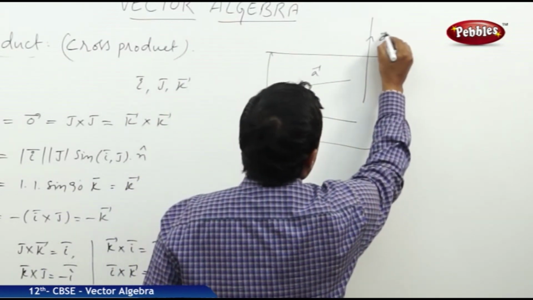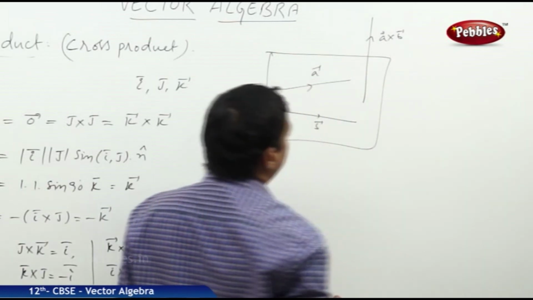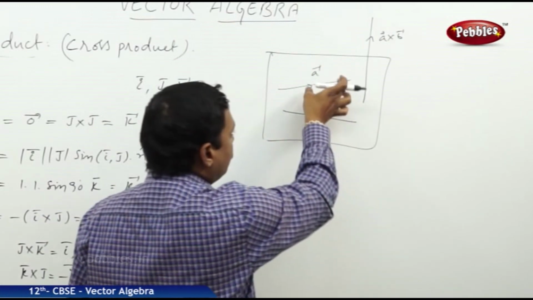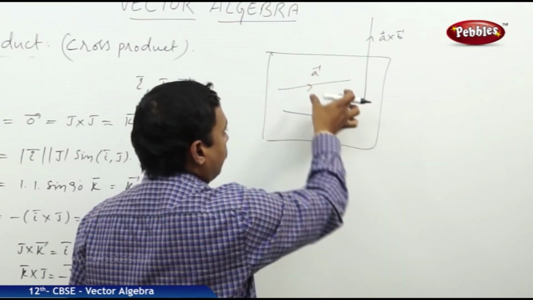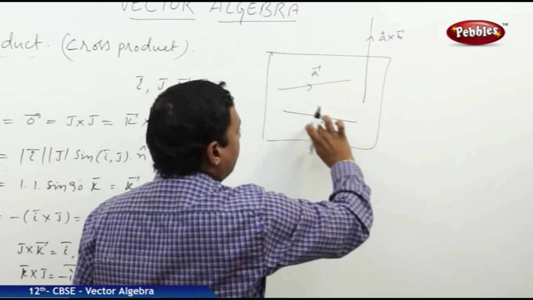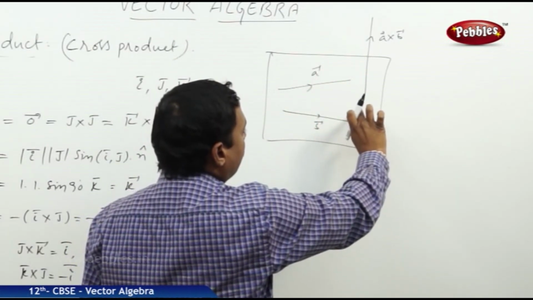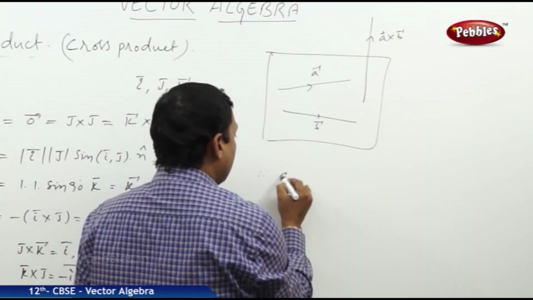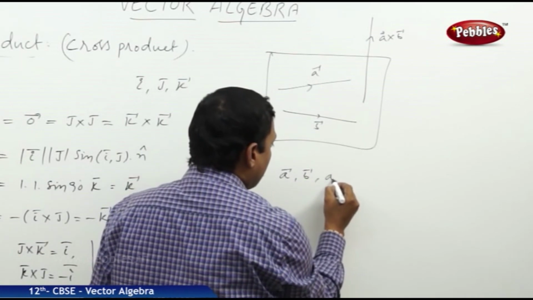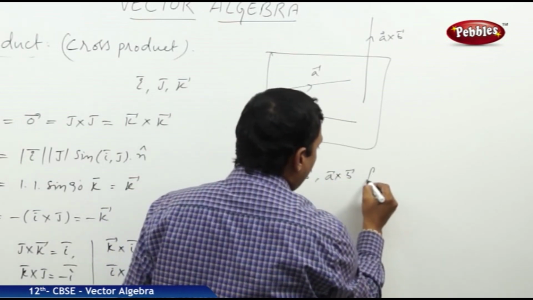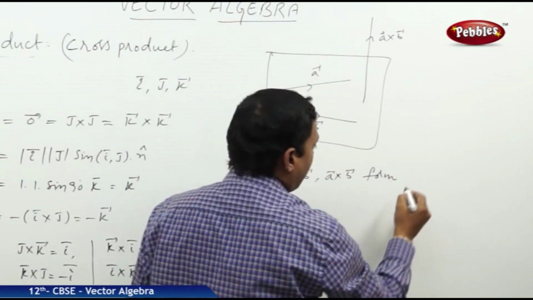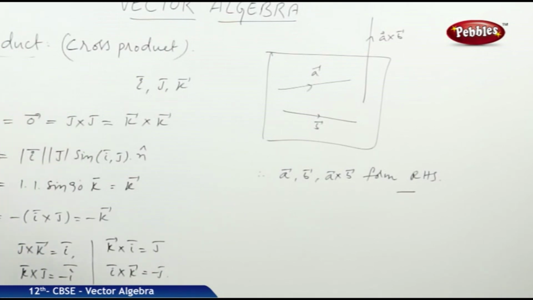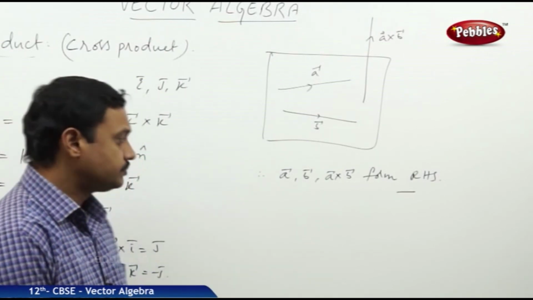A cross b is perpendicular to the plane containing A and B. Now, as we rotate in the anti-clockwise direction from A to B, there exists a perpendicular vector to them in the direction of A cross B. Therefore, A vector, comma B vector, comma A cross B vector always form a right-handed system.